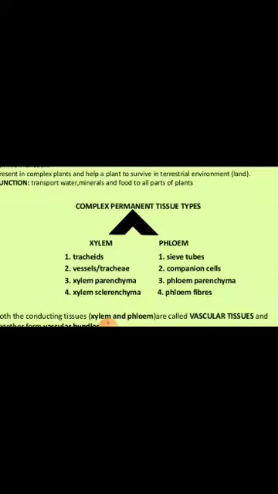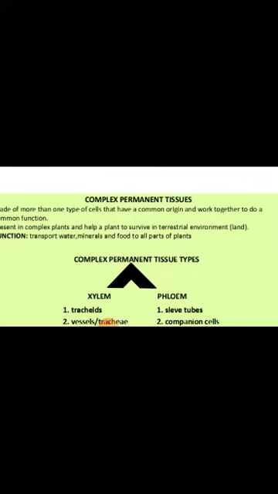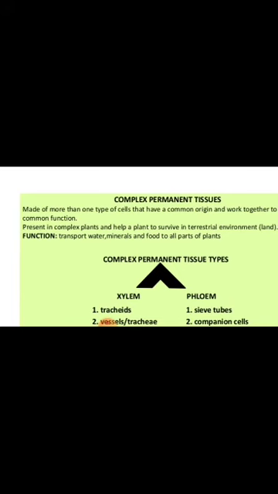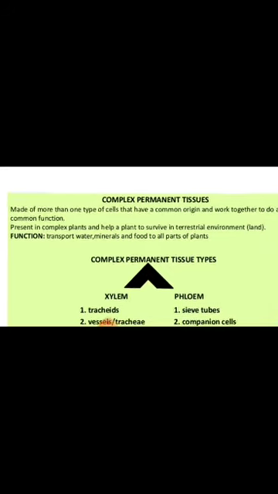Now when we talk about the complex tissues, they are made up of more than one type of cells that have a common origin. Just now in the previous slide we talked about it. They work together to perform a common function.